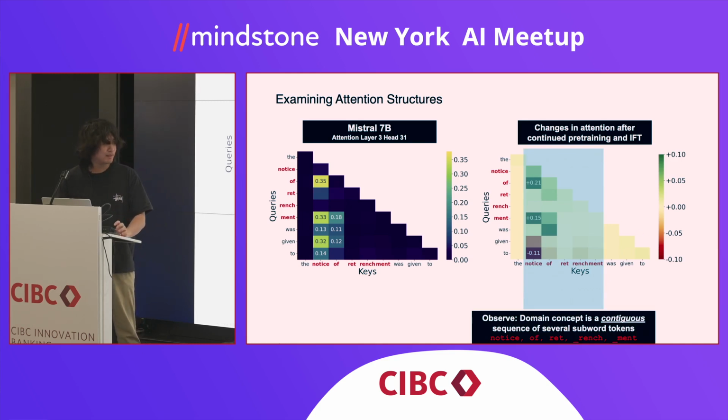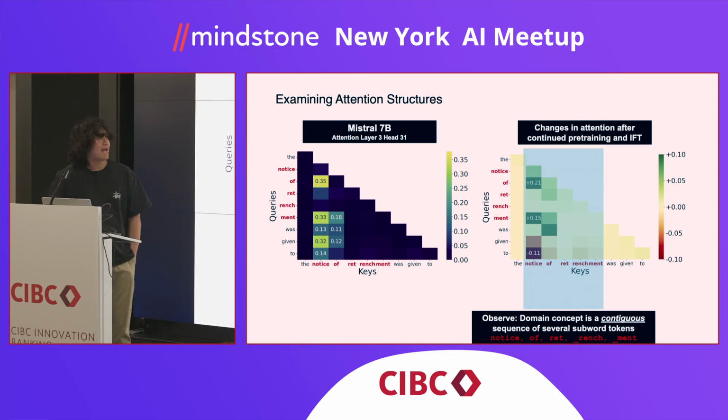So one interesting thing I found, and first we need to observe that in many cases in the real world, specific concepts are made up of a series of multiple tokens and subwords. So it's never really going to be the case that only one token is sufficient to explain a concept like in the legal field, like notice of retrenchment, which stands for a very specific thing, but it needs to be made up of many different tokens in sequence.